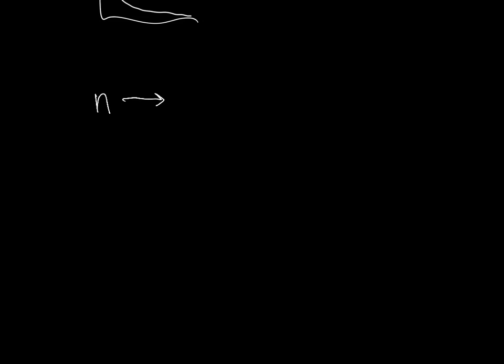So neutron, what's the charge of a neutron? Zero, has no charge. So I have no charge on the left-hand side, so that means I need no charge on the right-hand side.